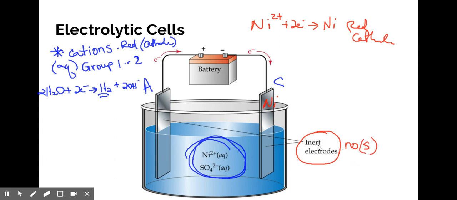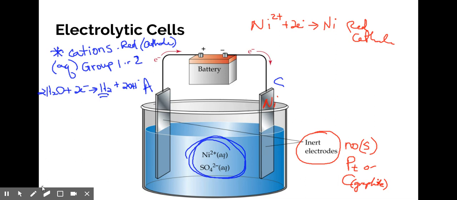The things that we use for inert electrodes are platinum, Pt, or graphite. Graphite is just carbon that's arranged in a certain pattern. We all know graphite as being our pencil lead. So platinum or graphite is what we use for inert electrodes most of the time. So we know that reduction is going to occur at the cathode and nickel is being reduced there.